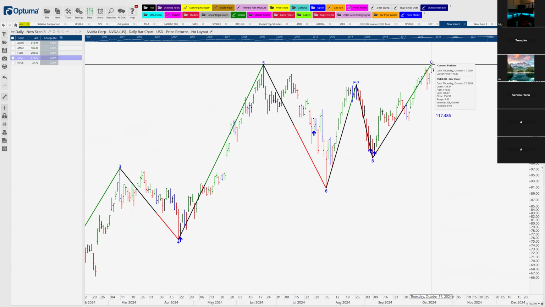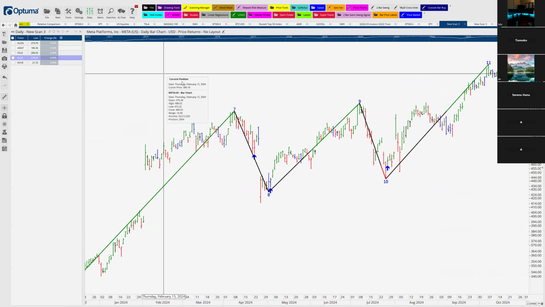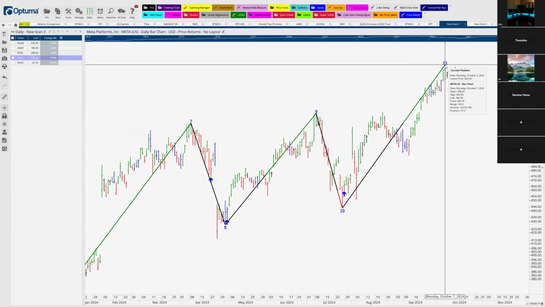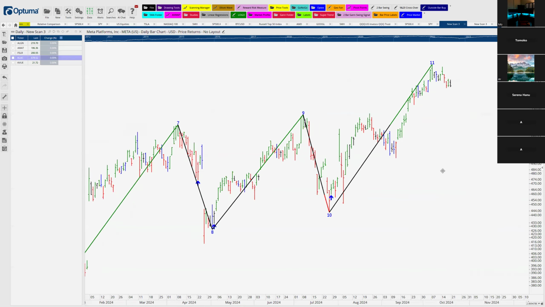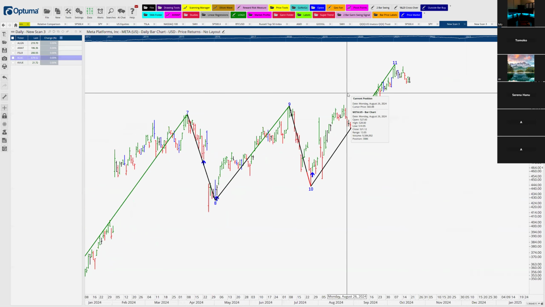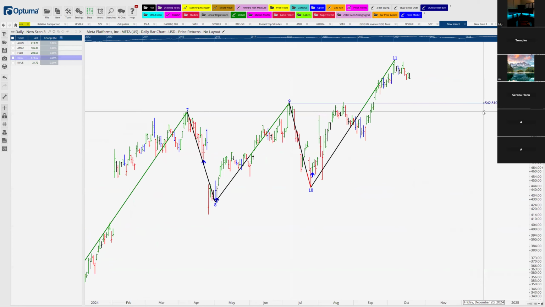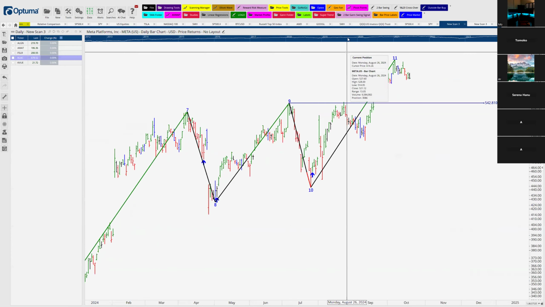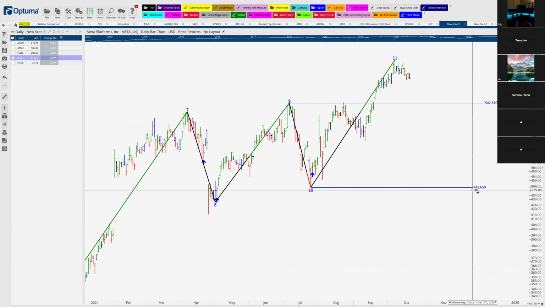Mo, can you show Meta again? Better than 11th swing right now. Meta still has a long way to go, but you have a major support here. That's where you have your drawdown. And here, your story is going to be over.